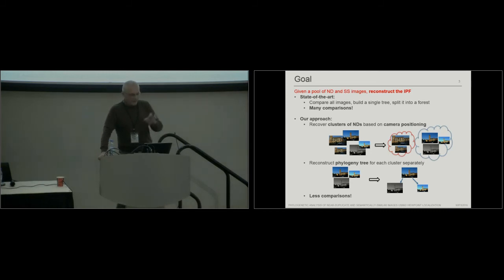Therefore, we apply this preprocessing in order to split the entire set of images directly into sub-blocks that are, in our idea, blocks of near duplicated objects. Then we can apply standard techniques for evaluating the phylogeny tree for each subblock.